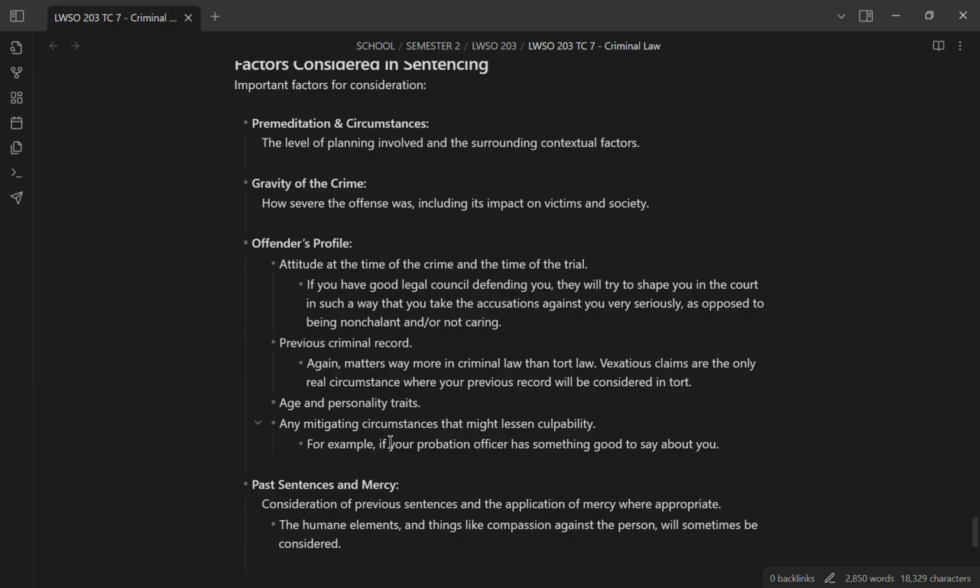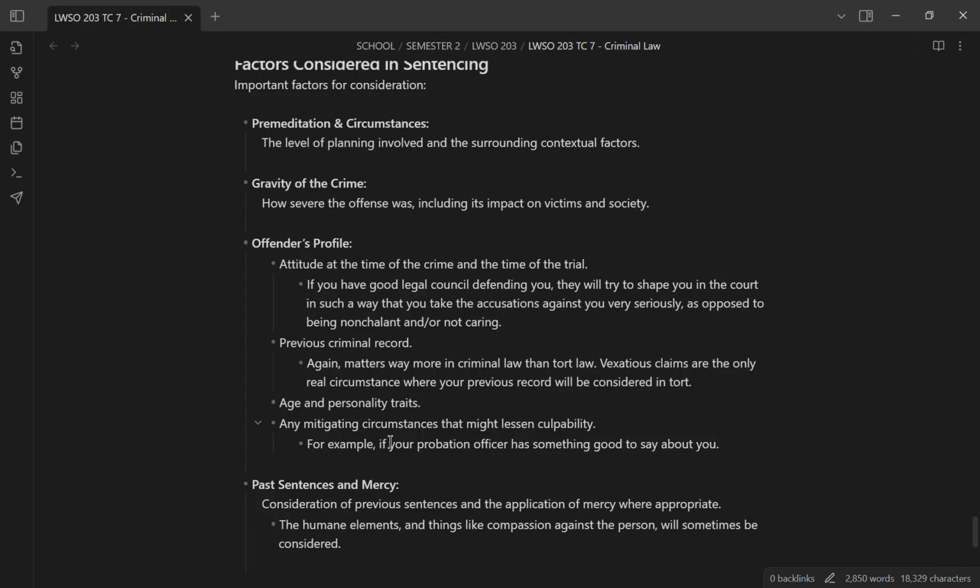With regards to the offender's profile, we take into account the previous criminal record. That notion of the previous criminal record, again, matters way more in criminal law than tort law. In tort, it's really only going to matter if you're making vexatious claims, and we got into the definition of that in tort law. Age and personality are considered, right?